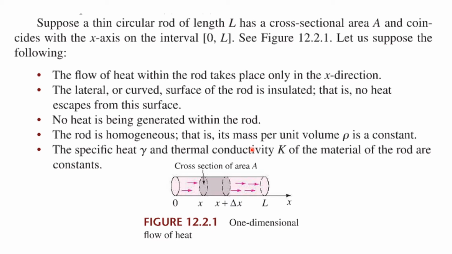That is, its mass per unit volume, rho, and we're using this for the density, that's mass per unit volume, rho, is a constant. So it's a constant density rod. And the specific heat, you studied this in your physics, we're calling that gamma, and the thermal conductivity K of the material in the rod are constant. So this is made of a uniform metal, for example.